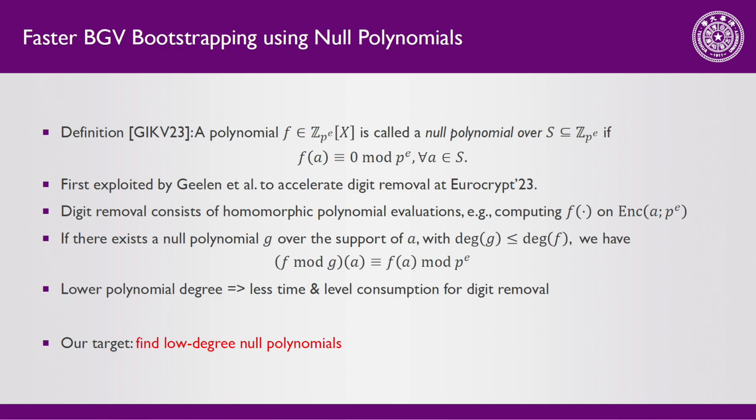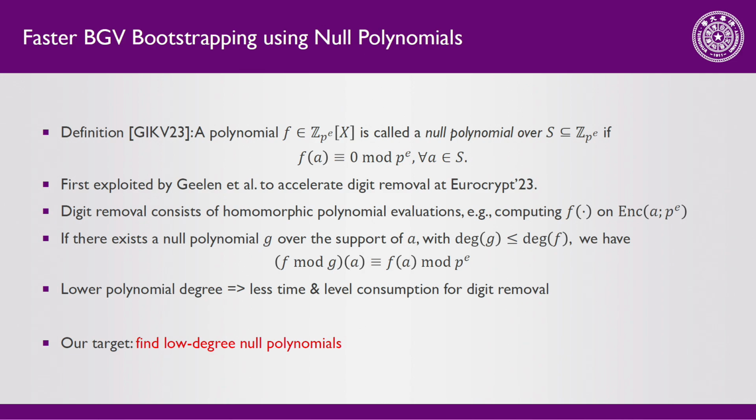Since digit removal is a series of homomorphic polynomial evaluations, suppose we want to compute a polynomial f on an encryption of a. If we can find a null polynomial g over the support of a, then we can reduce f modulo g to get a new polynomial.